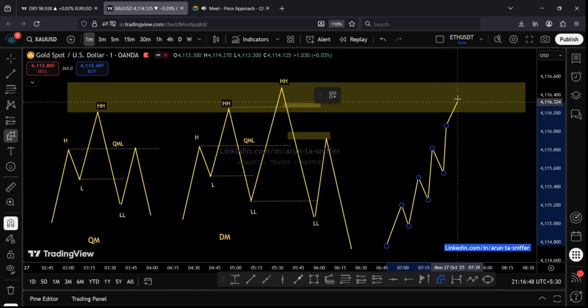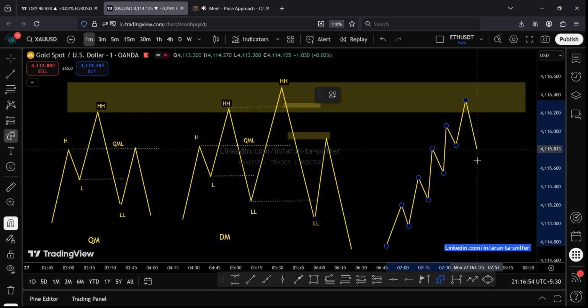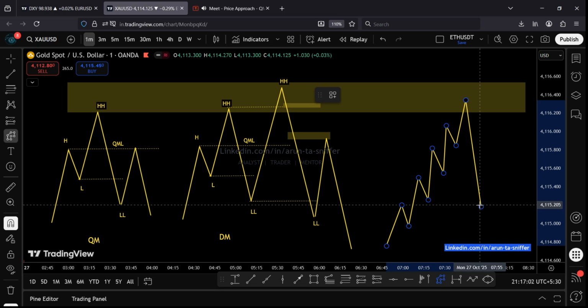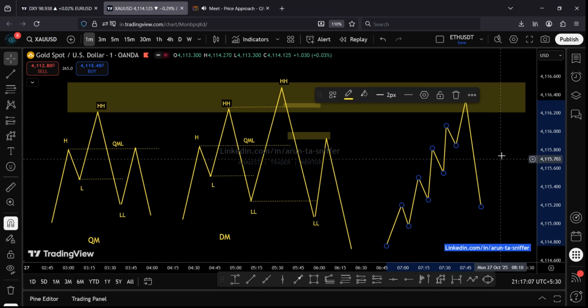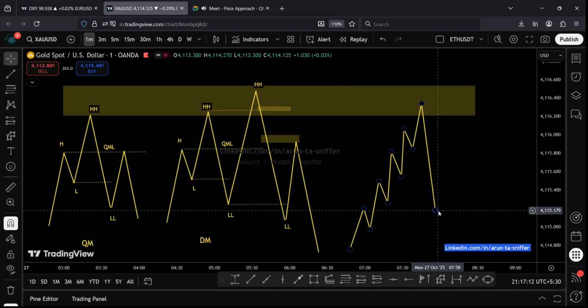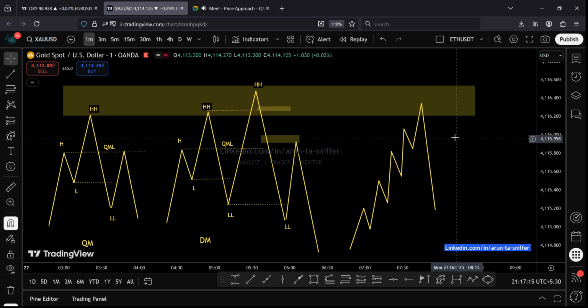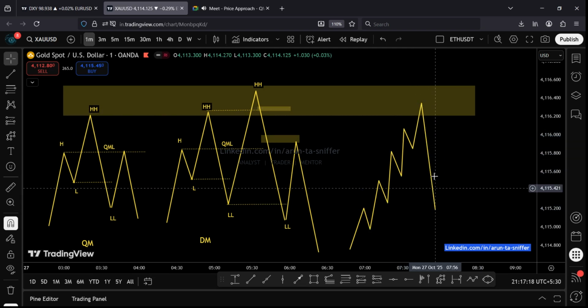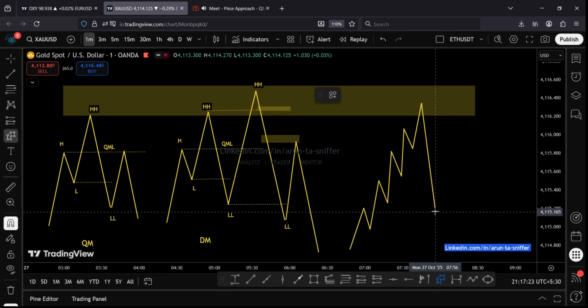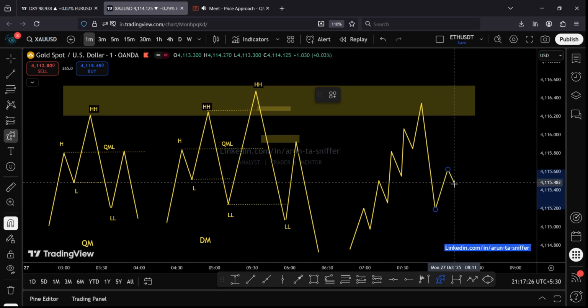It goes up to this zone and falls sharply like this, without making any zone here. It falls sharply from here and does not make any zone. So what will happen? Price will go like this.